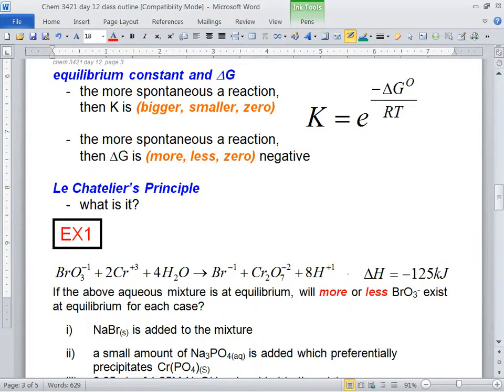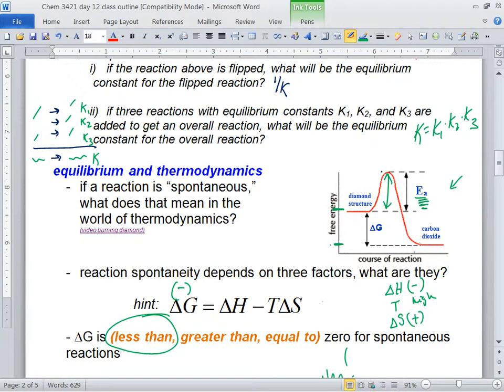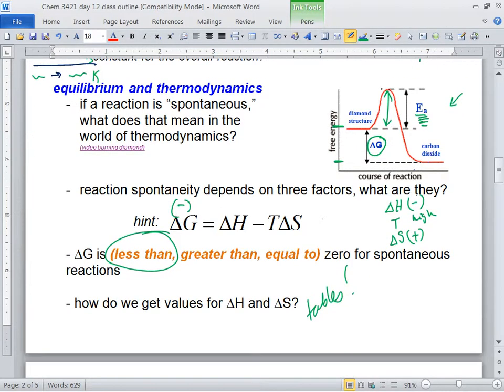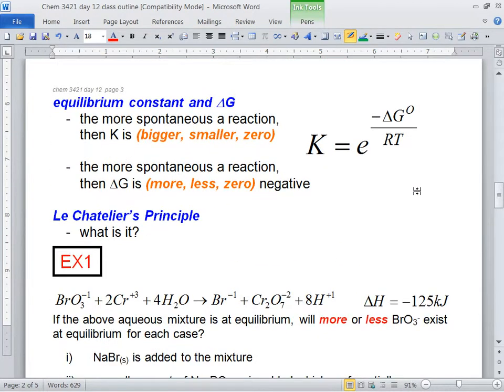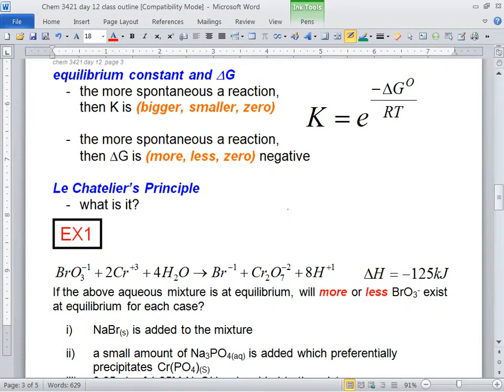The equilibrium constant and our delta G, right? So it's in there. Did you notice it? It's right here. These are changing Gibbs energy from our products and reactants. It's just the difference. Now, we already said little e is that exponential.